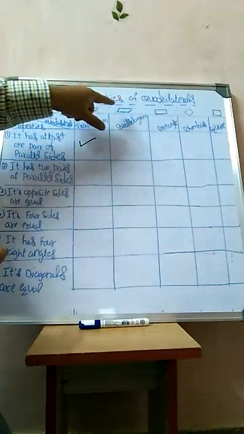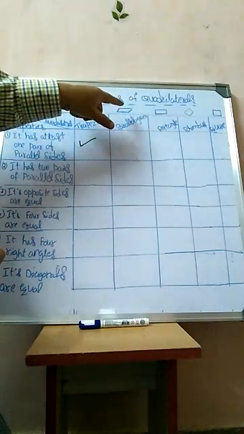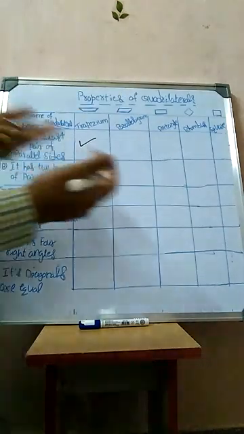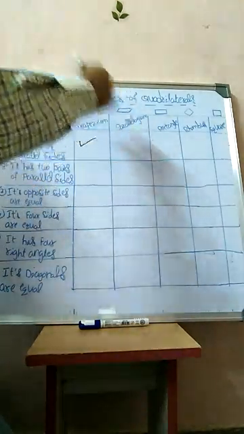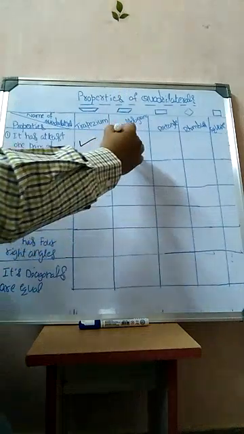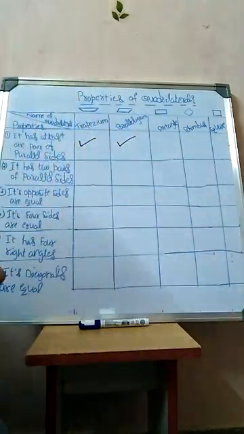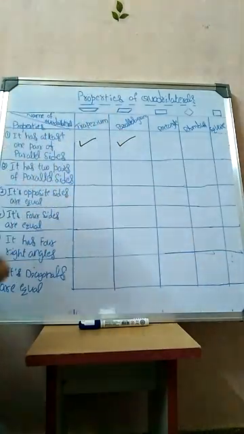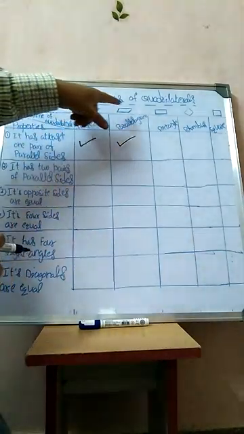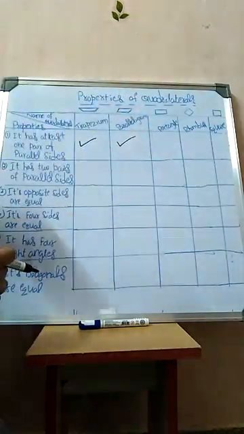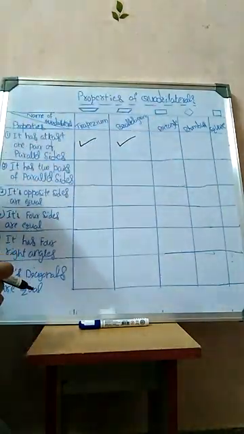Parallelogram clearly has not only one pair, it has two pairs of parallel sides. Well and good. Not only one pair, it has two pairs. So that's why parallelogram also satisfies this property. So tick that one. It has one pair and moreover one more extra. Well and good. Next, rectangle.